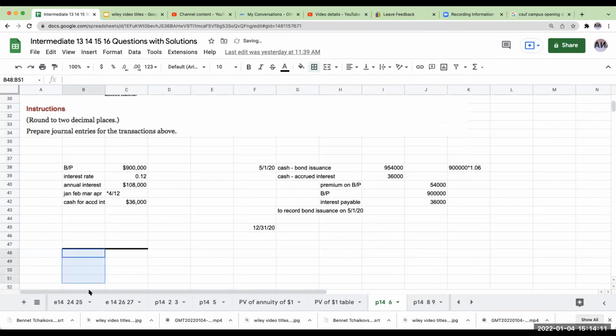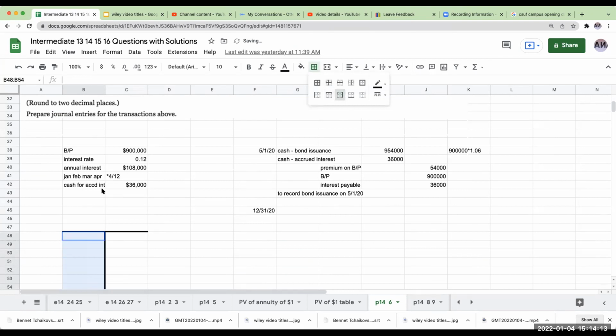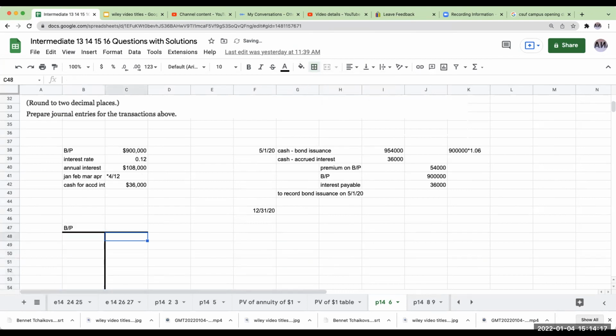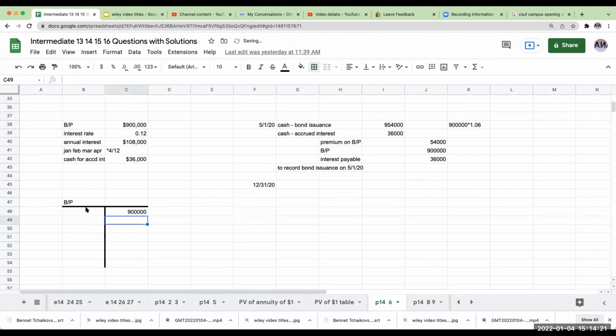Well, over here, I have my bond payable at 900,000. At the same time, I have a premium on bond payable, and this was for 54,000. And these are both on 5/1/20.